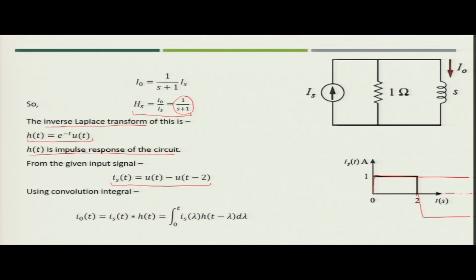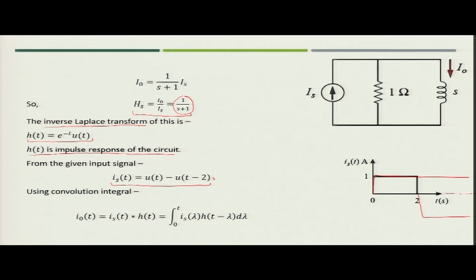So, only for this period the Is will be 1, otherwise it will be 0. So, when you convert Is into two unit step functions, you represent it as ut minus u t minus 2, because it is delayed by 2 seconds.